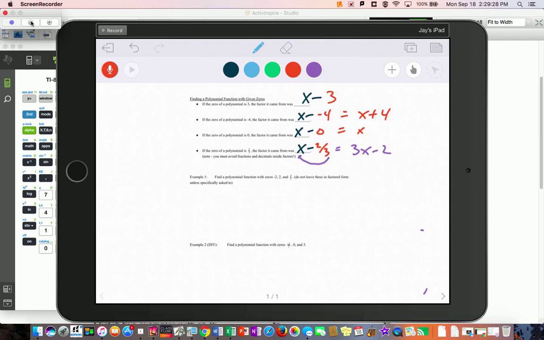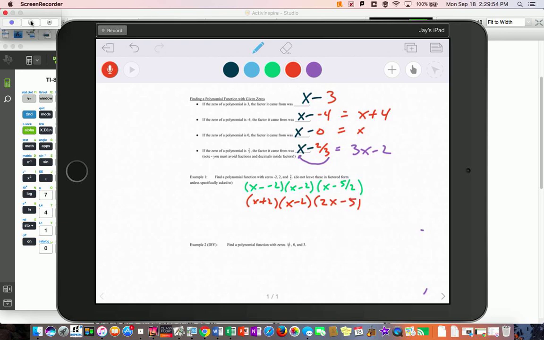So when we design exams, we do the same thing as teachers. We just go x minus negative 2, x minus 2, and x minus 5/2. So we pick some numbers that we think we want you to find. So this would be x plus 2. And I'd write this one as 2x minus 5.